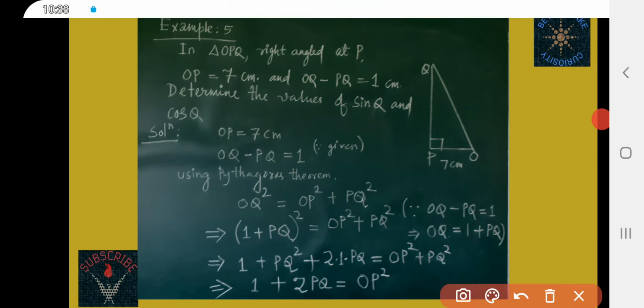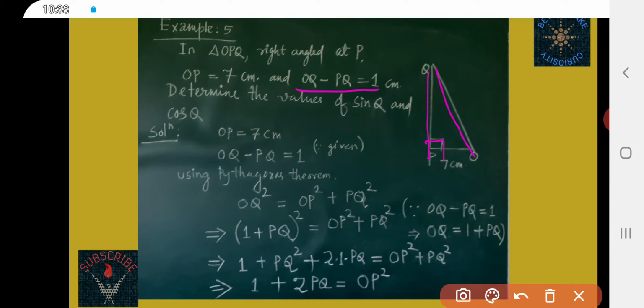See last example, example 5. In triangle OPQ, right angle at P, OP equal to 7 centimeter and OQ minus PQ is equal to 1 centimeter.